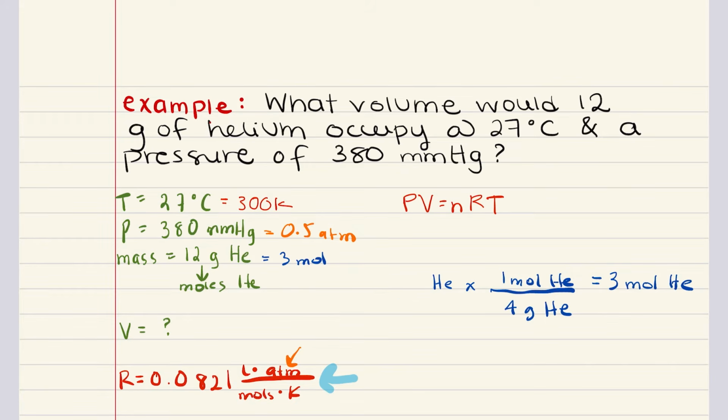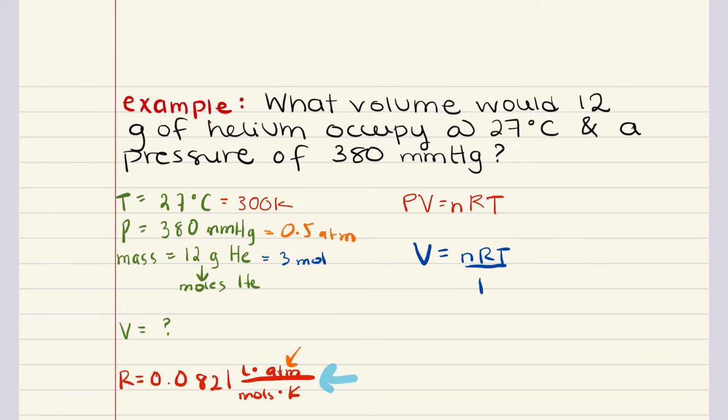So the next thing that we're going to do is we're going to rearrange our ideal gas law equation so that we have volume equals all the other variables. That's going to be volume is equal to nRT over pressure. Let's go ahead and start to plug in values. N is moles. We know that we have 3 moles of helium.